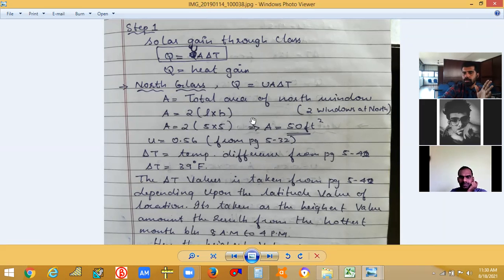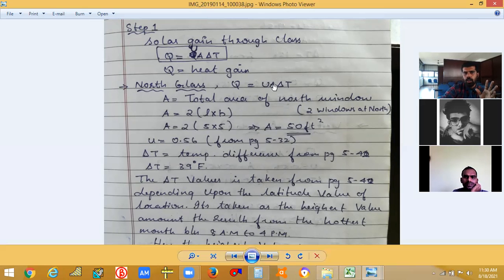Length into breadth. How many windows are there at the north side? There are 2 windows, right? So what will be the area? 2 into 5 into 5 is 50 square feet. One window is 25 square feet, and another window is 25 square feet. So we have the area as 50 square feet.